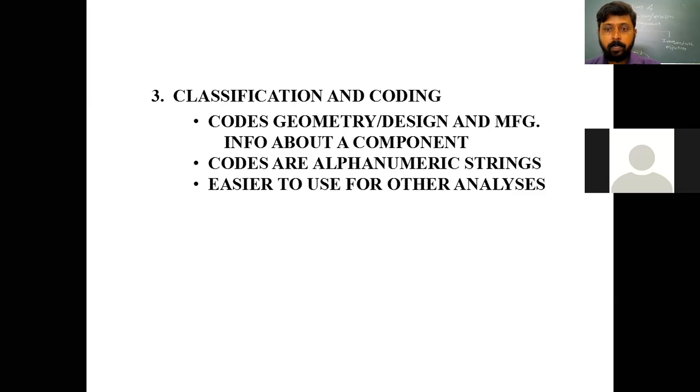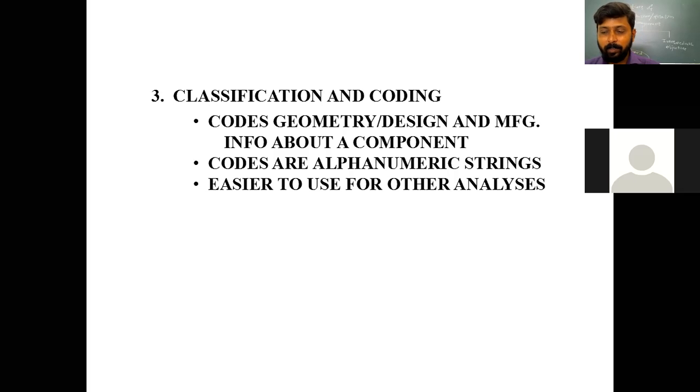Let's move to the next part. The third part is classification and coding. You can just classify the parts and give them code numbers, just like barcodes, right? You can use alphanumeric strings, or alphabets and numbers together, or you can give numbers only, or alphabets only.